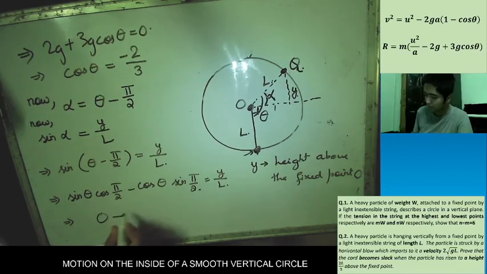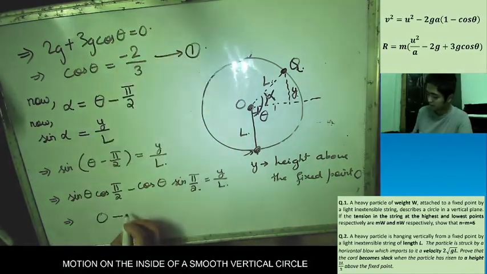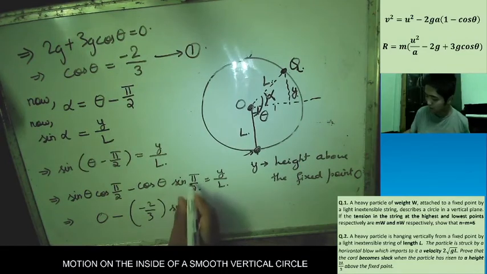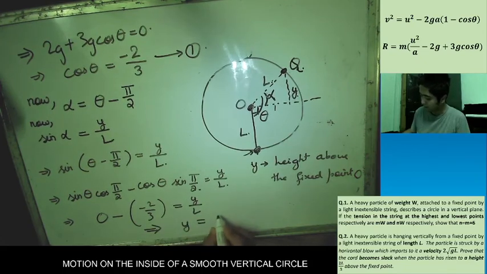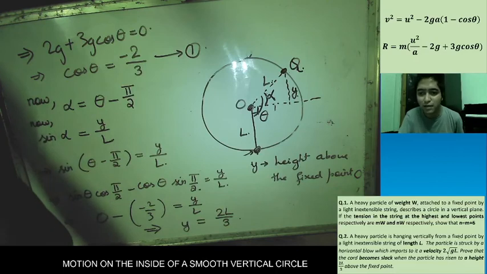Cos theta, we can use equation 1, which gives you minus 2 by 3. Sine pi by 2 is equal to 1. So it's equal to y upon L. On simplifying, we will be getting y equal to L upon 3. So this is what we want to get.